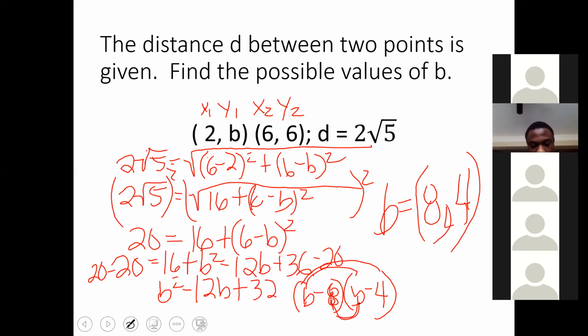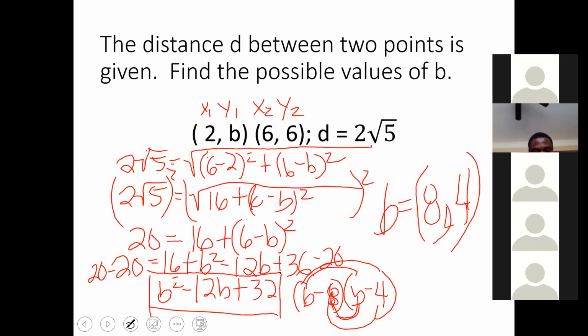So negative 8 minus 4 is negative 12. And then negative 8 times negative 4 is a positive 32. So you have to get your quadratic equation here and then factor it. And then you'll get two solutions.